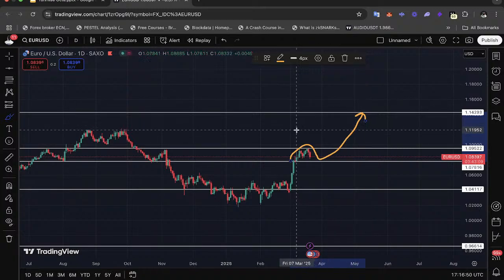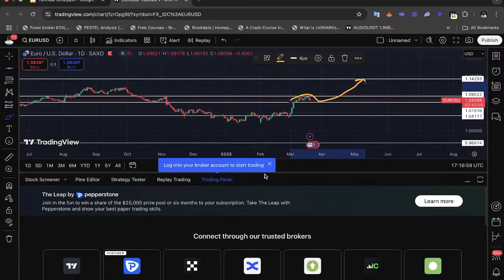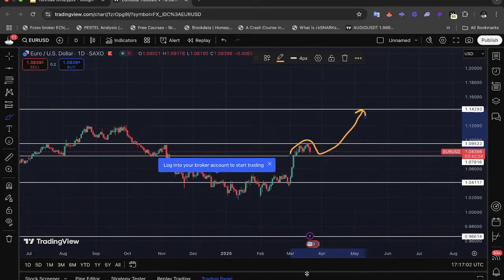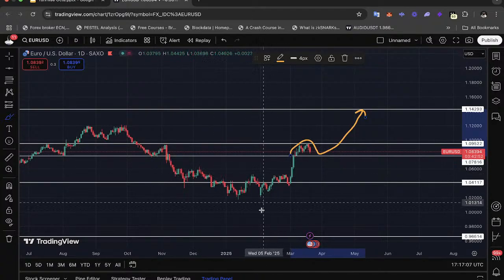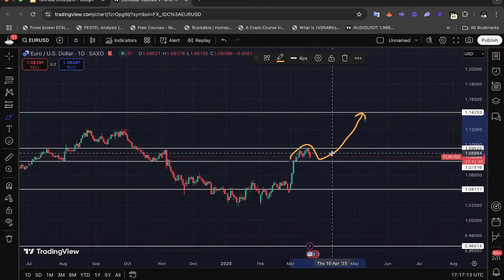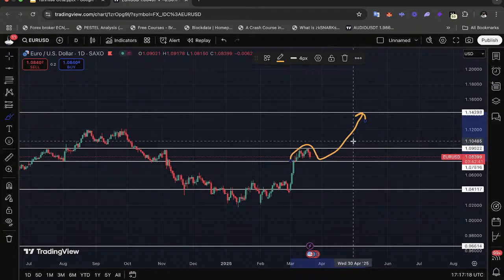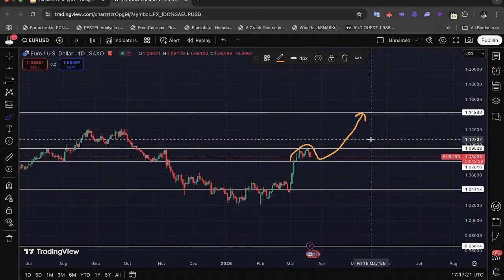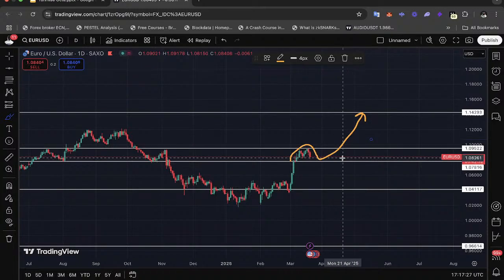So on EURUSD, it would be a buy. We are expecting a buy on EURUSD.